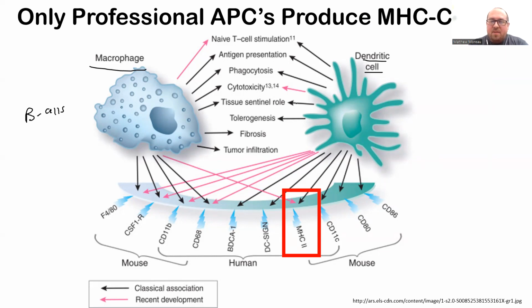In this case, MHC class 2 actually activates a different class of T cells. These are CD4 positive T helper cells. And these cells do two different things. The first thing they do is they're really essential in activating B cells and T cells that are cytotoxic.